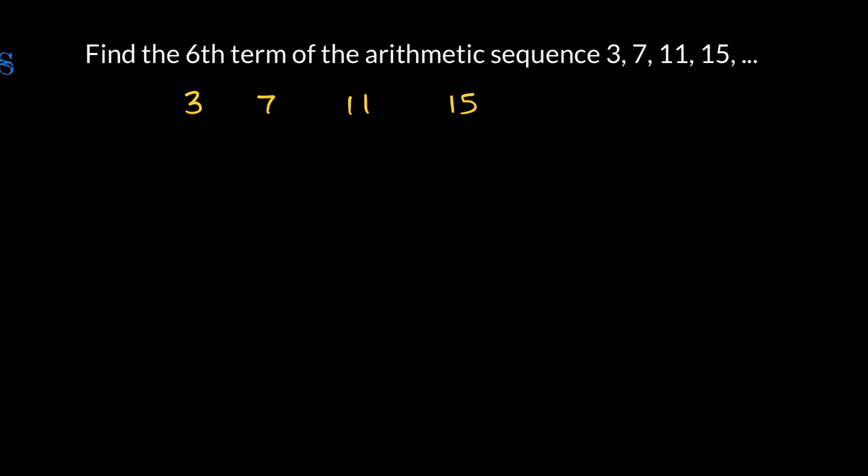And in any arithmetic sequence, you're adding by the same number or subtracting by the same number to get to the next one. And hopefully you can see here that in each case, we're adding 4. And that 4 is known as the common difference. I'm going to call that D for common difference.